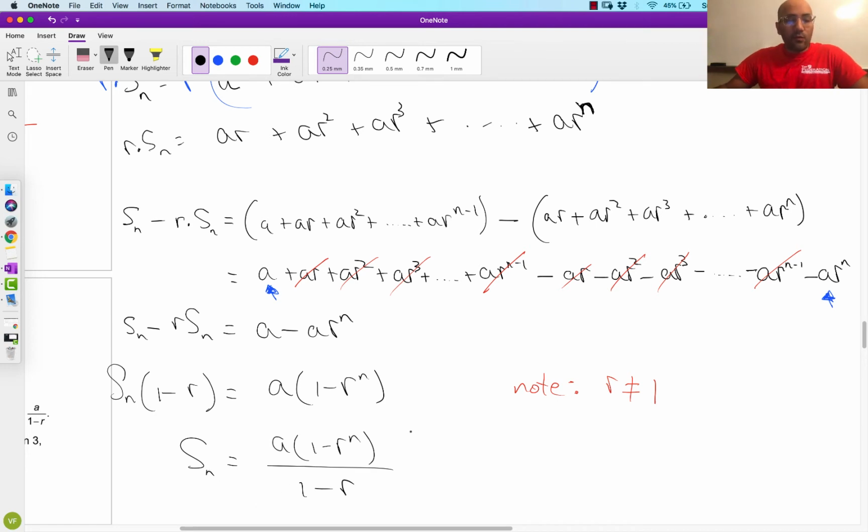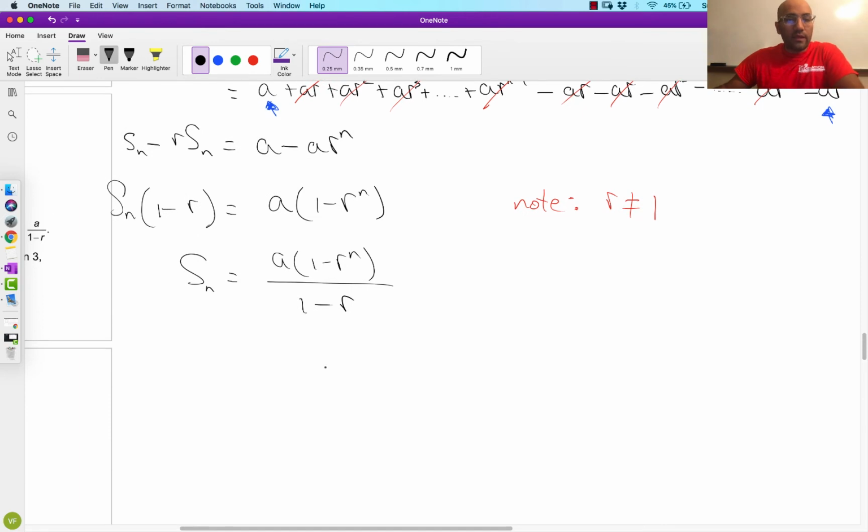Okay, so we have a formula for s sub n. Now we want to figure out, well, what happens as we let n go out to infinity? And we remember from before that the limit as n goes to infinity of r to the nth power is going to be equal to 0 for absolute value of r being less than 1.